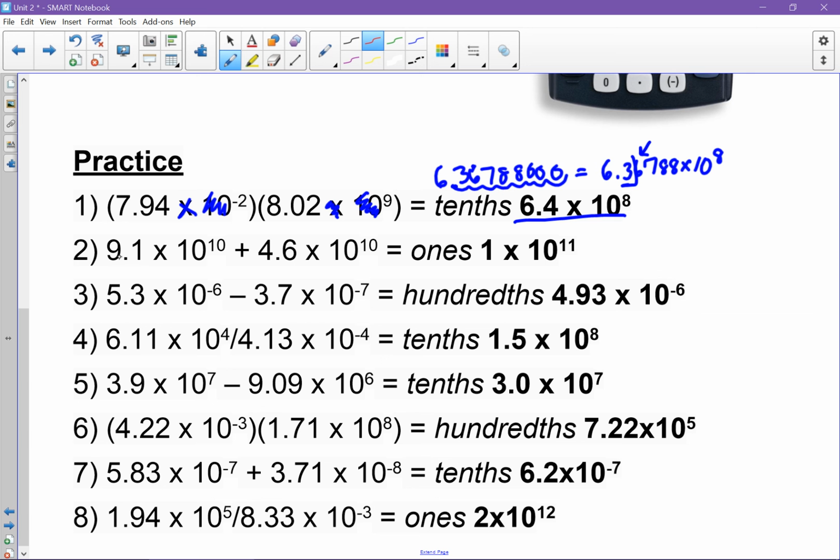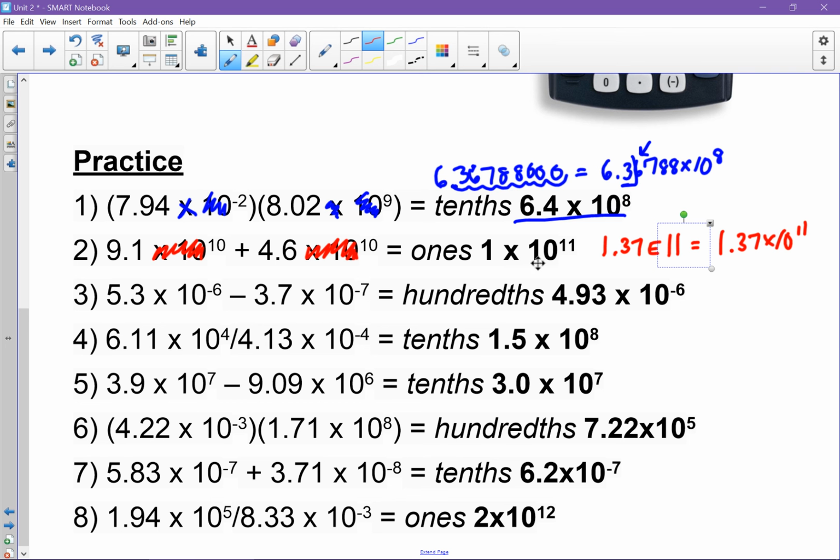Put this in your calculator. 9.1 E 10 plus 4.6 E 10. And your calculator is going to give you a scientific notation answer that says 1.37 E 11. In human language, you're not going to write the E. You're going to say that means 1.37 times 10 to the 11th.